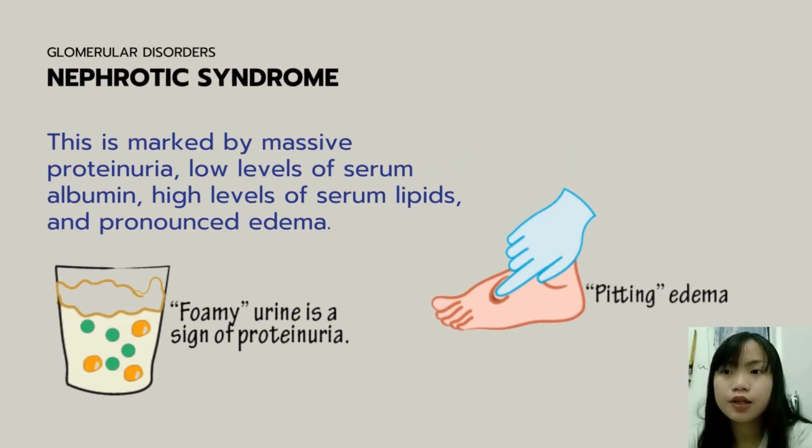Ayan, for the nephrotic syndrome naman, ito ay nakikita sa massive proteinuria greater than 3.5 grams per day. Ang acute onset naman ng disease na ito ay nakikita sa instances ng circulatory disruption na nagpo-produce ng systemic shock na nagde-decrease or nakikitaan ng decrease sa pressure and flow of blood sa kidney.